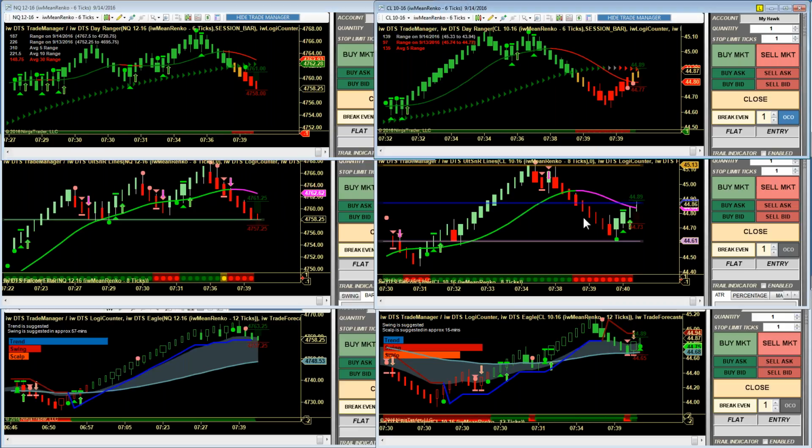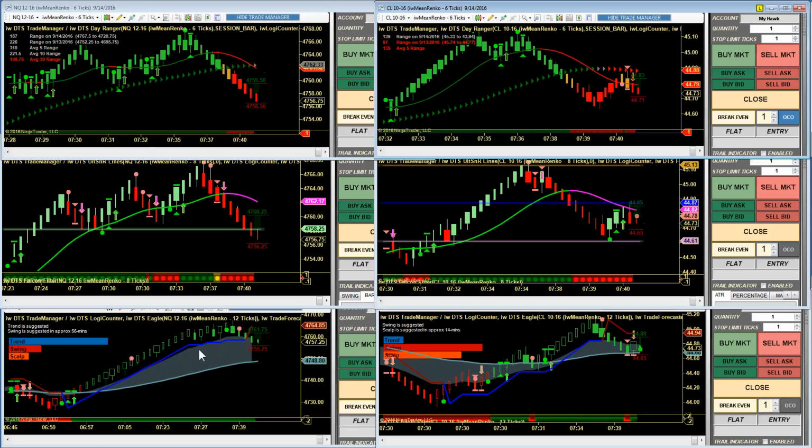Possible trend change in crude oil already? After that massive rally? Possible trend change working here on the Falcon as well? The Eagle's still very bullish. So we're getting a couple different scenarios printing.